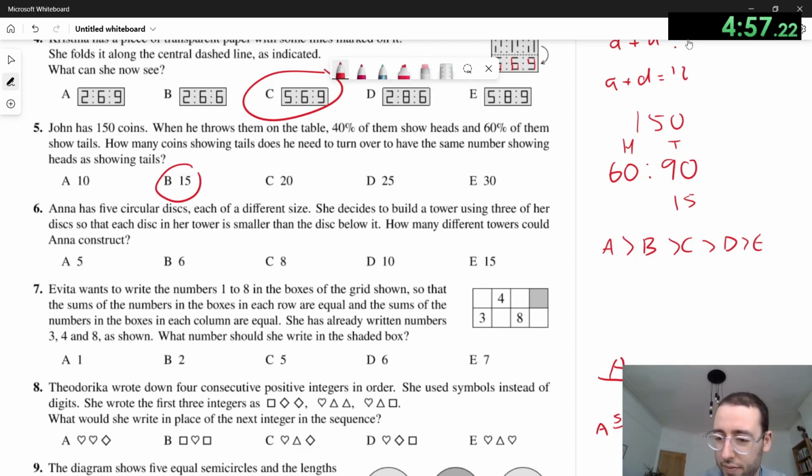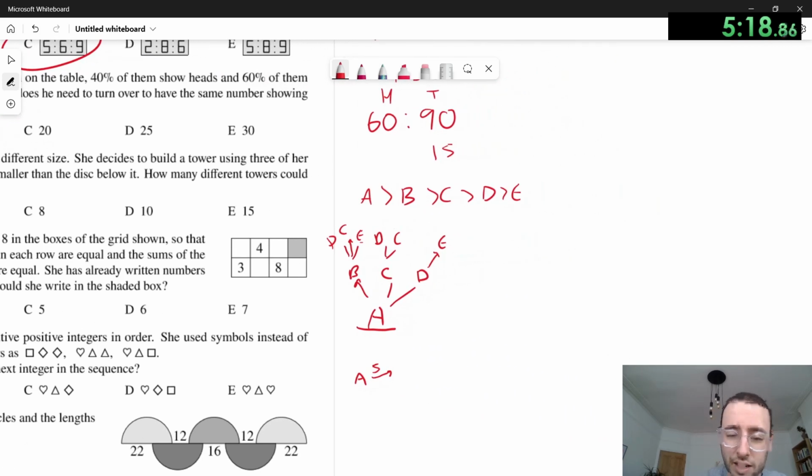If you start with A, then you can either do B, C, or D. If you go B, then you can either go D or E or C. If you start with C, you can go D or E, and if you go for D, then you go E. This is definitely not how to do this one. Okay, if you start with B, oh, okay, I kind of see what's happening here.